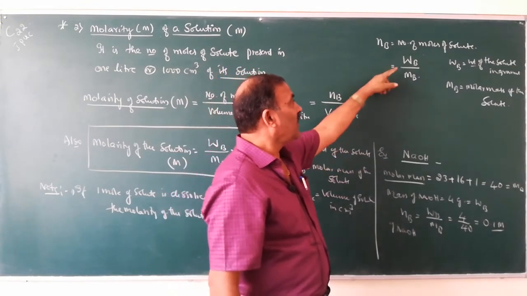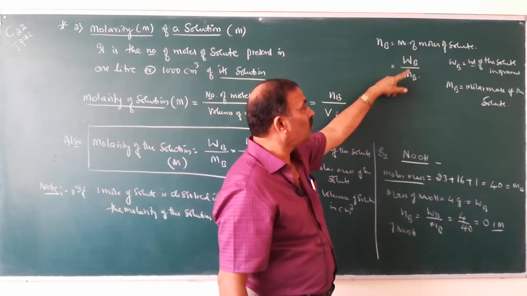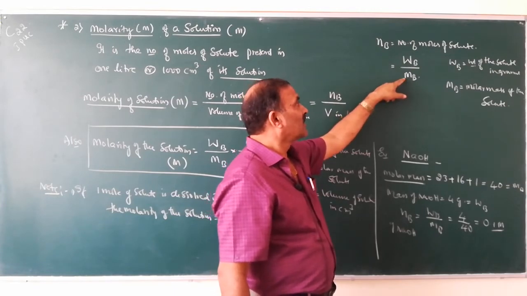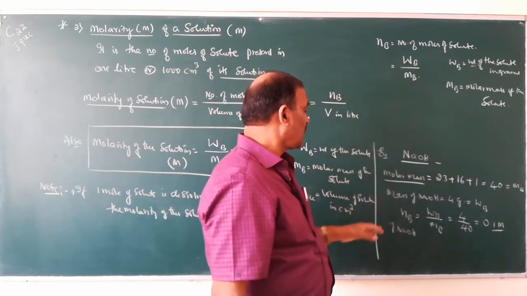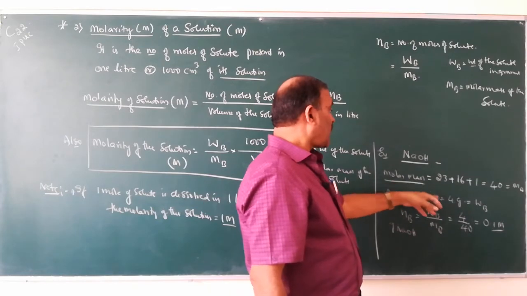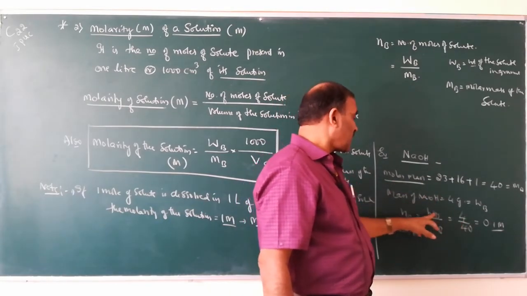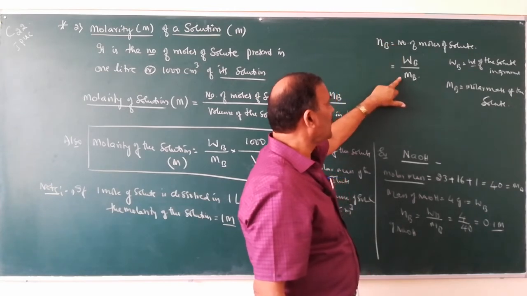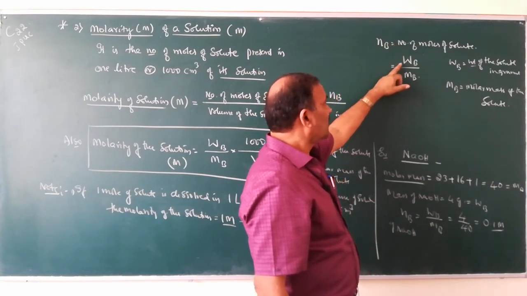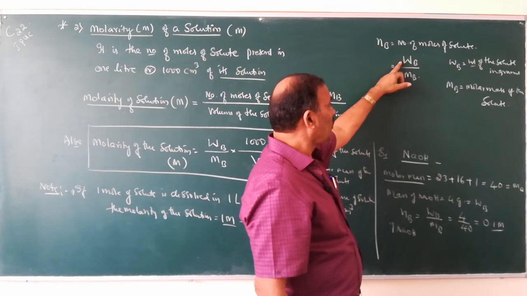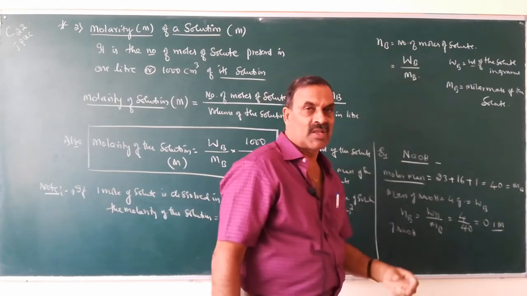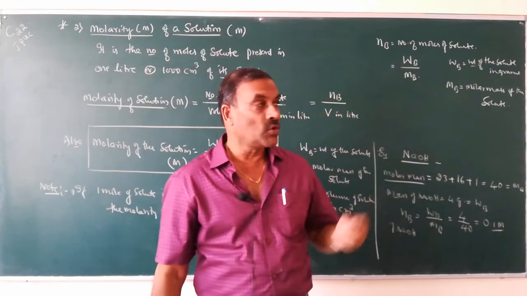If you divide weight of the solute by its molar mass, you will get number of moles. So if the weight of the solute is equal to its gram molecular mass, then NB is equal to 1. For example, if 40 gram of sodium hydroxide is taken, then WB is equal to 40, molar mass is also equal to 40, 40 divided by 40 is equal to 1.